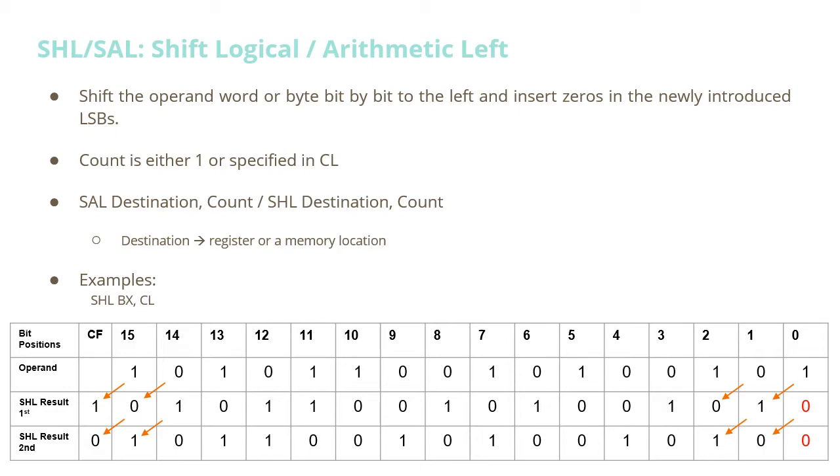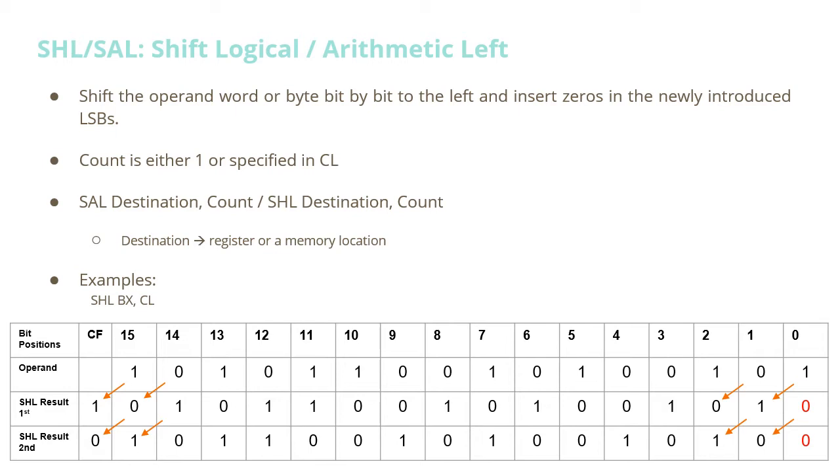The format of this instruction is SAL destination comma count, or SHL destination comma count. The destination in this case can be a register or a memory location, but it cannot be immediate data. All the flags are affected depending upon the result. Example of this instruction is SHL BX comma CL, or SAL BX comma CL.